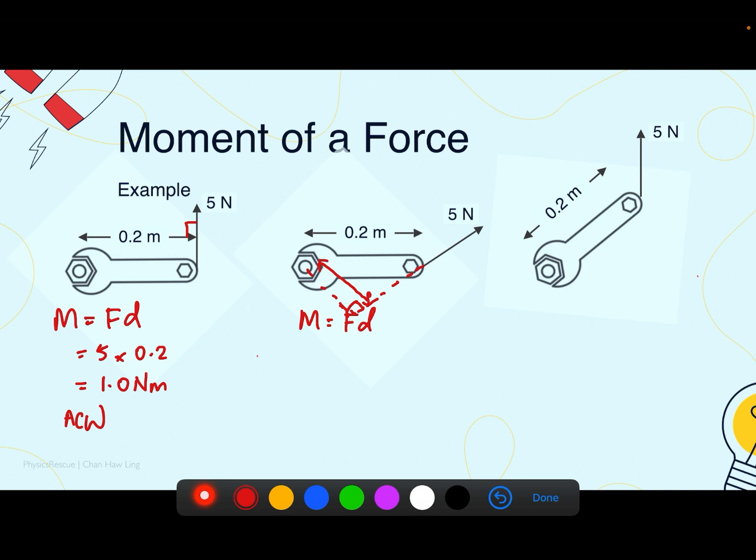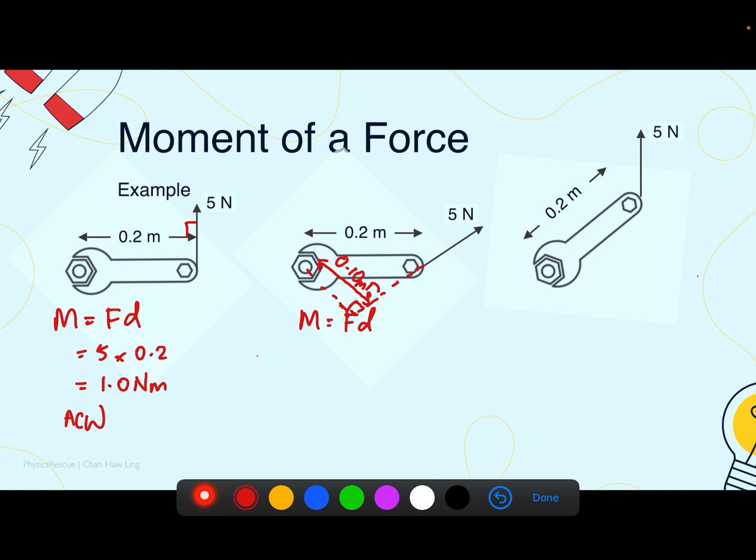When we say the line of action of the force and the perpendicular distance, this is what we mean.